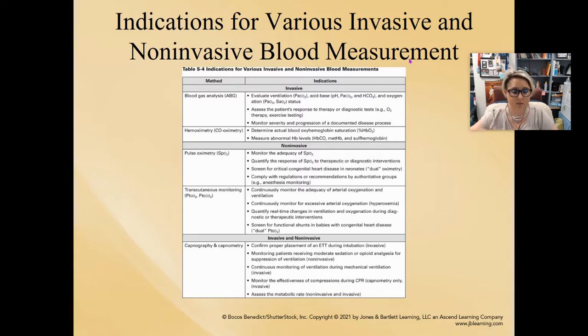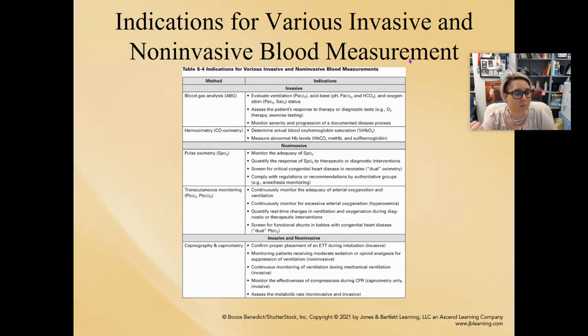So if you suspect that your patient has some type of issue that needs to be looked at, such as a chemical inhalation or a smoke inhalation, sulfhemoglobin, something like that, you would have to order a co-ox, okay?